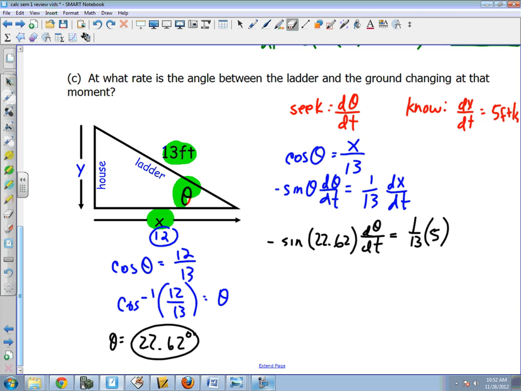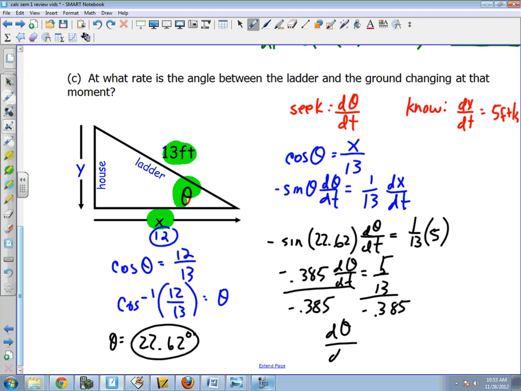So negative 0.385 d theta dt equals 5 over 13. So now you divide by negative 0.385, and you should be able to see d theta dt. It's going to be 5/13 divided by negative 0.385.